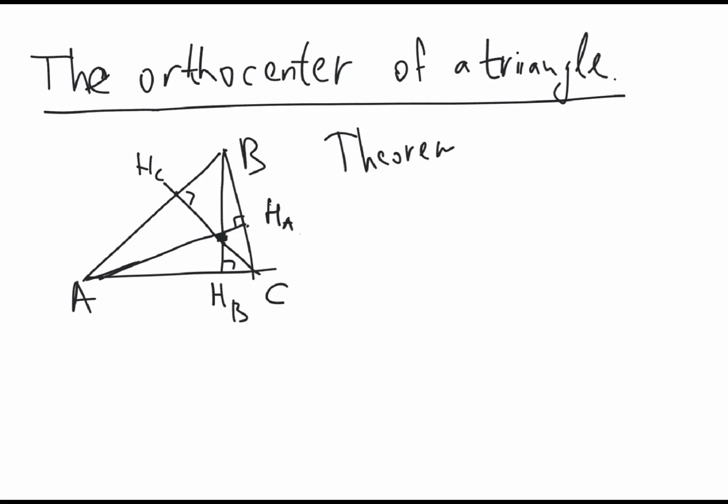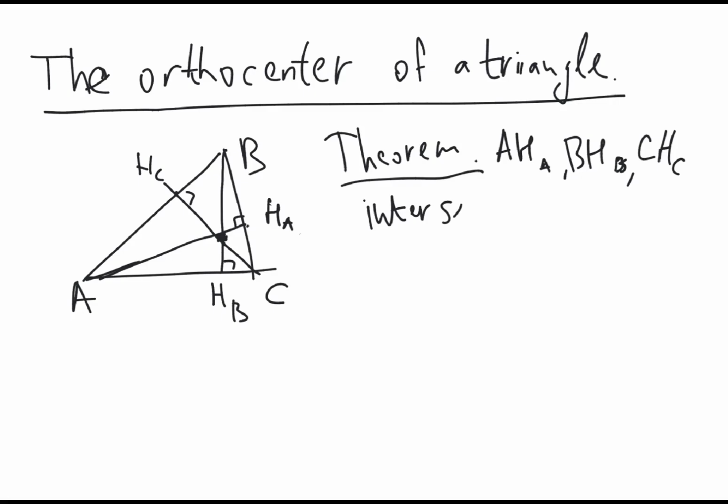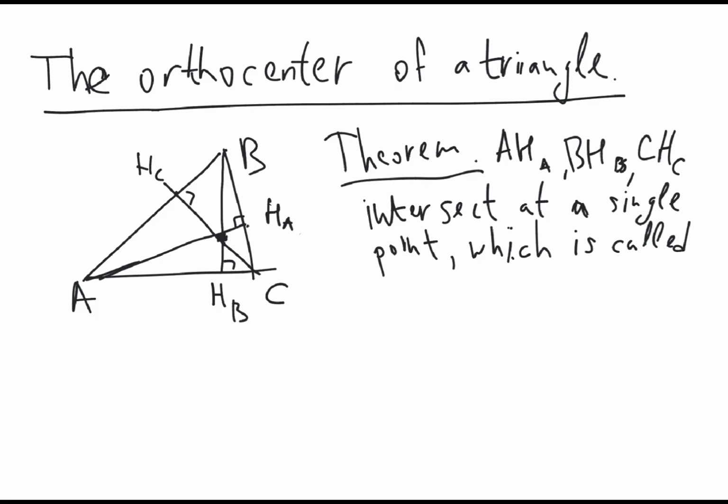So the theorem says that AHA, BHB, and CHC intersect at a single point, which is called the orthocenter of the triangle ABC.